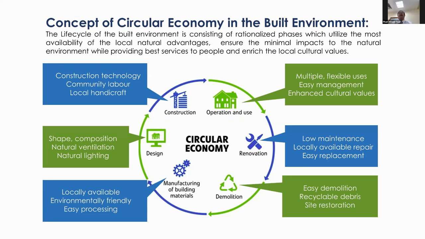For the construction phase, we should apply the appropriate but latest construction technologies locally available, and also mobilize community labor and local handicraft to contribute to the building, to make the buildings really a local product.